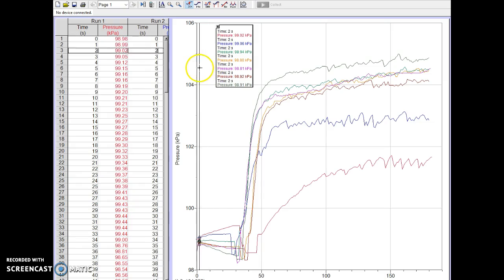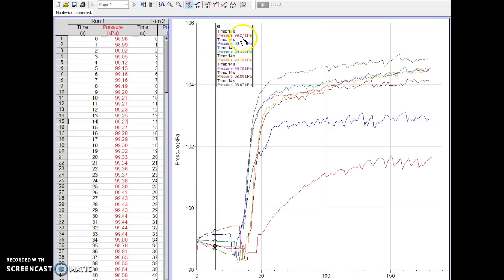And you can just come over here and see, you get kind of an average of the starting pressure, which as you can see from these boxes up here, it's about 99 in this case, 99 kilopascals.